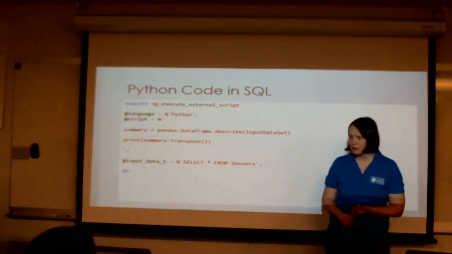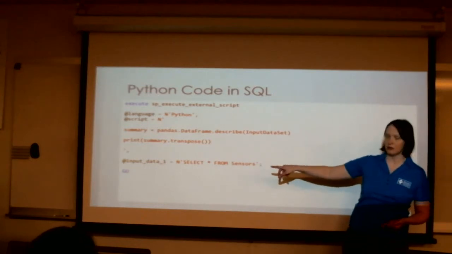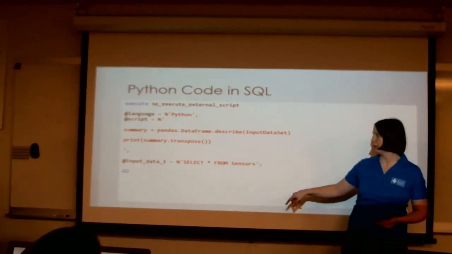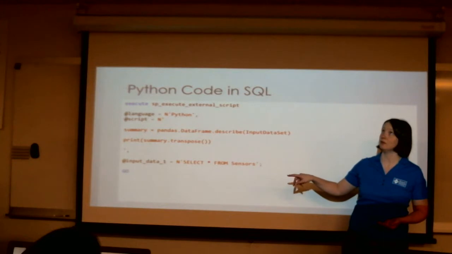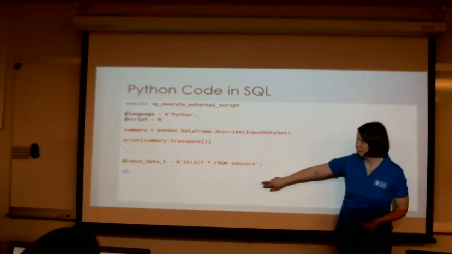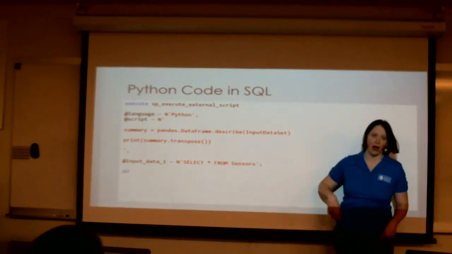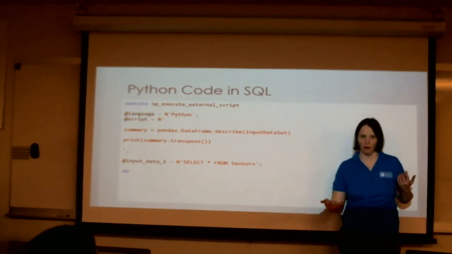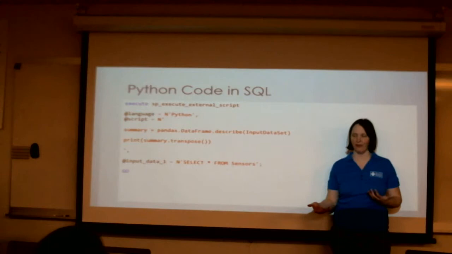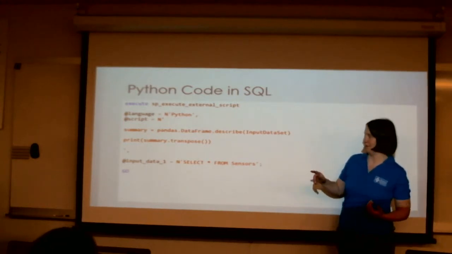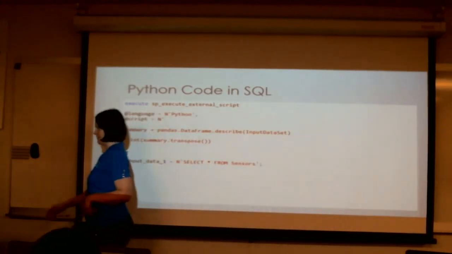If you don't see input_data_1_name or output_data_1_name, if you don't see the underscore names, then it'll use InputDataSet and OutputDataSet by default. If you want control over your variable names, that's where those come into play. So let me show you back on the previous slide.